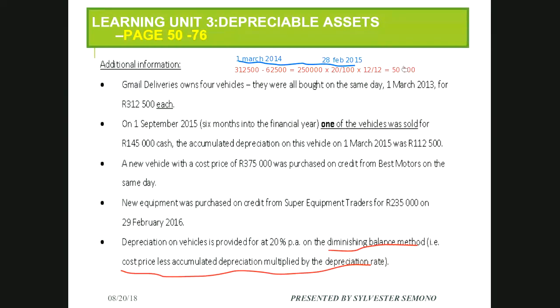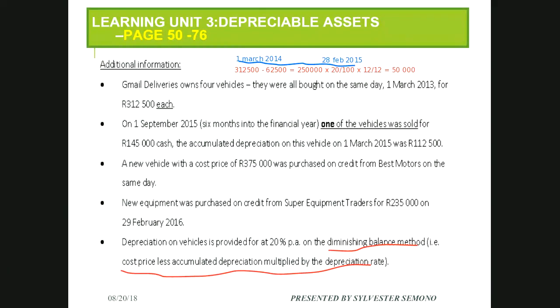Remember, our aim is to depreciate up to the date of sale. So if we end this year on the 28th of Feb 2015, when will the next start? March. Okay, let me put it here because of space. 1st of March 2015.